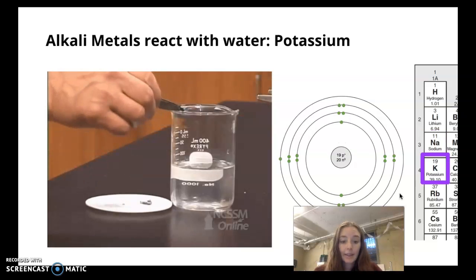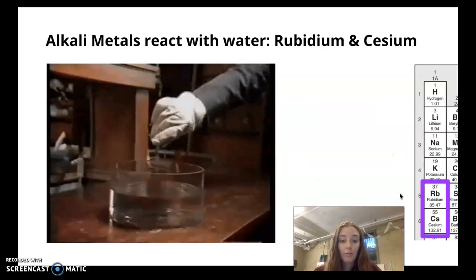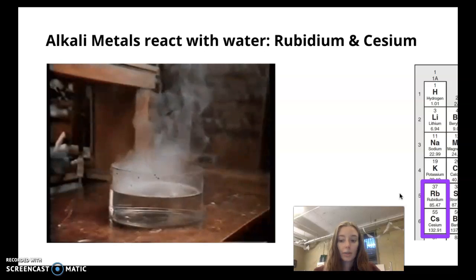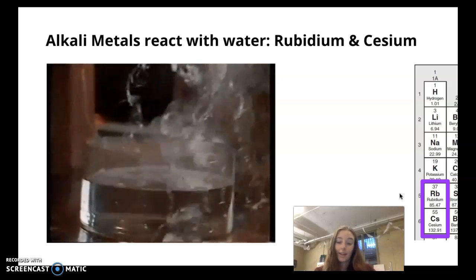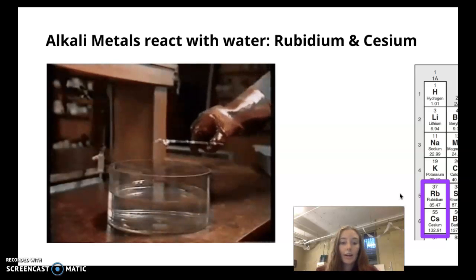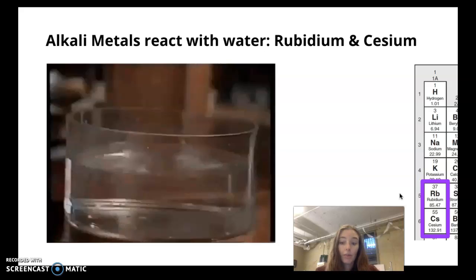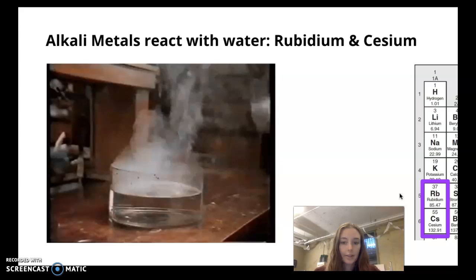Potassium interacts at a greater rate, we even see some fire there, and then rubidium and cesium interact greatly. So we notice the farther down it gets, even though they all have one valence electron, they interact greatly with that water.